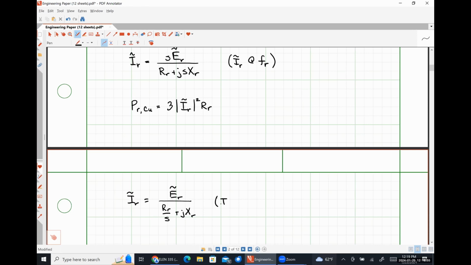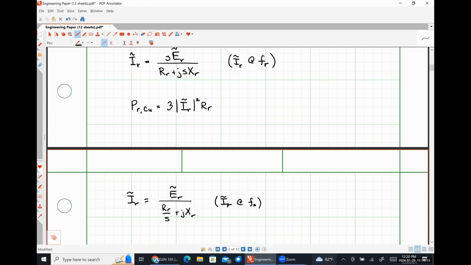And this current, IR, is at a frequency of the stator excitation. So effectively, we're kind of sort of referring this over to the stator side to figure out what's going on.